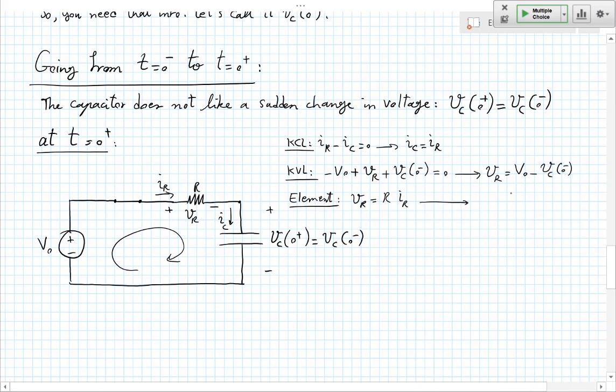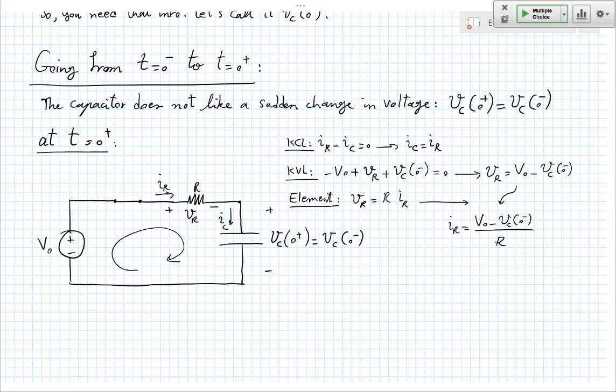And from here you can calculate IR, which then simply is that divided by R. And that IR also is the same as IC. They have the same current.